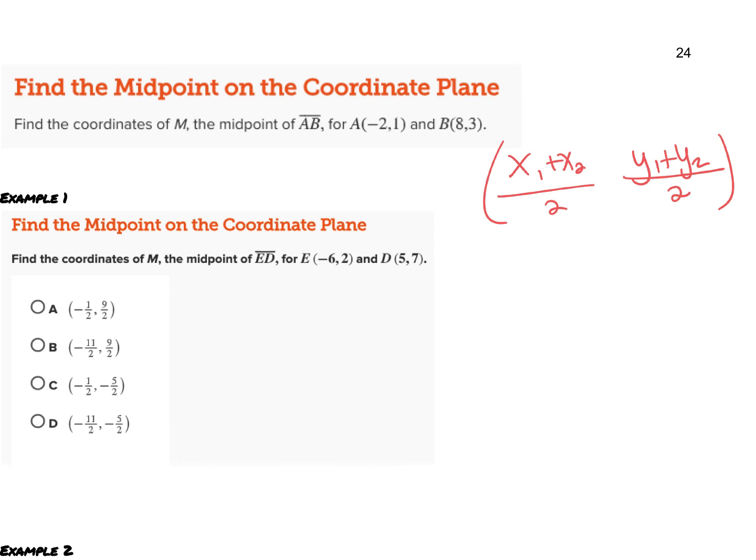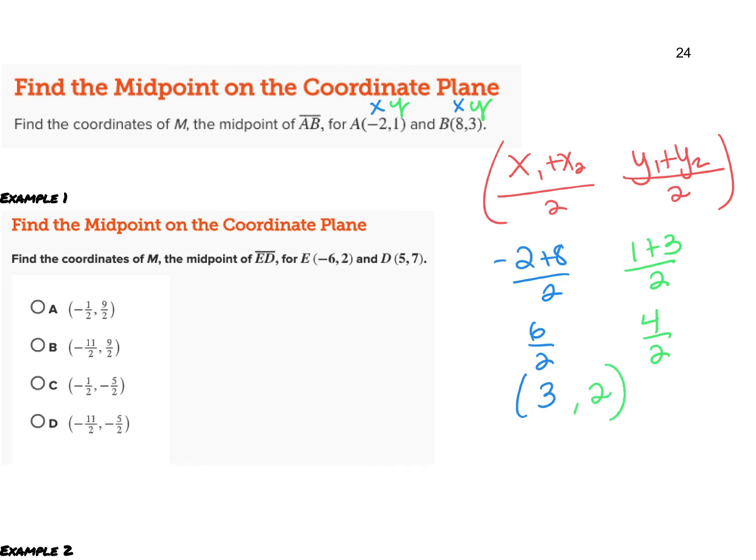So my x values are always the first two listed, so I'm going to do negative 2 plus 8 divided by 2, which gives me 6 divided by 2, which equals 3. Now my y values are my second coordinate value, so this is going to be 1 plus 3 divided by 2, which happens to be 4, and 4 divided by 2 is 2.